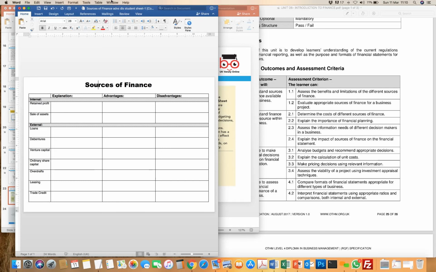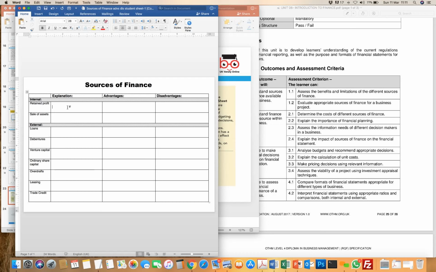Okay. Now, this is a small handout which I've prepared, which will help you to understand the sources of finance. My suggestion would be to take this up as a small exercise, because this will directly relate to your task 1.2 and task 2.1. If you fill this up, it will allow you to finish off task 1.2 for the assignment: these are the internal sources, these are the external sources.